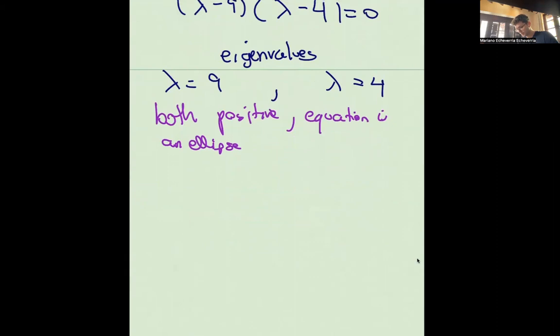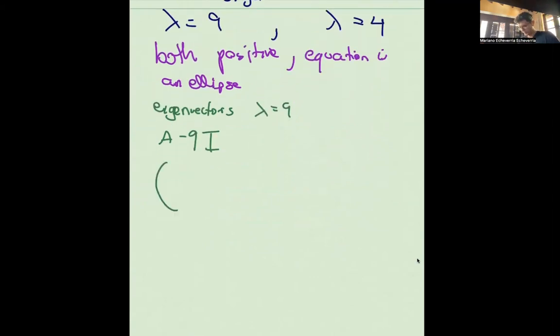Again, just find the eigenvectors. So what are the eigenvectors for lambda equals 9? It's A minus 9 times I. So this gives you minus 4, minus 2, minus 2, minus 1.